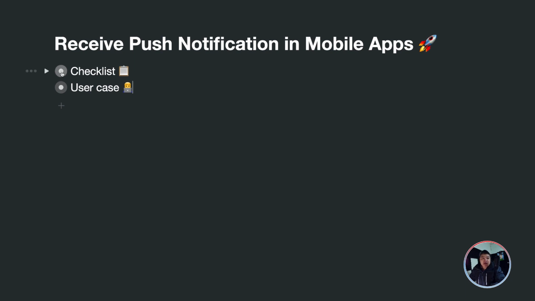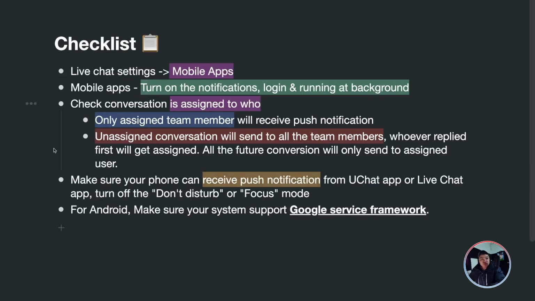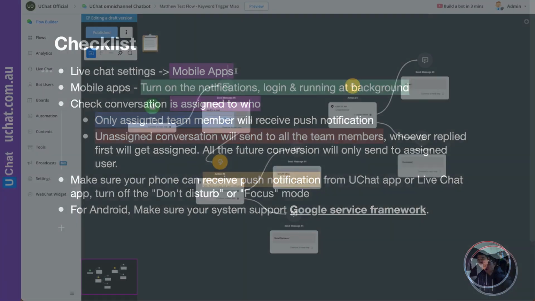So we will get to the point. You need to do these 4 things. First of all, you need to go to the channel, the bot you want to receive the notification. Go to the live chat settings and make sure you select mobile apps. Let me show you.